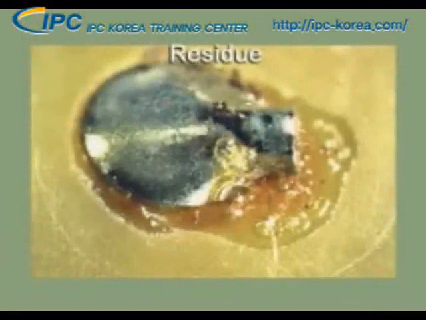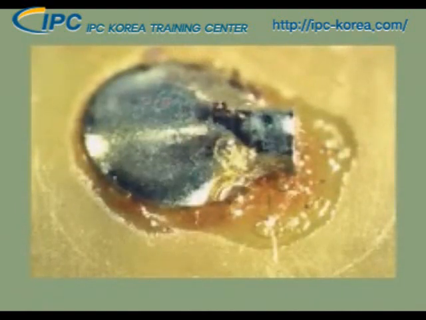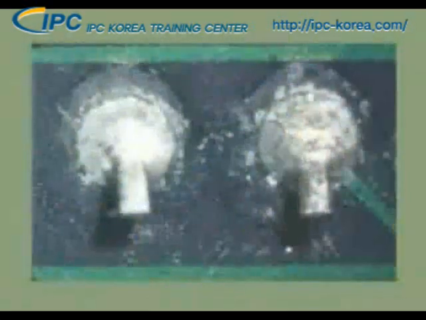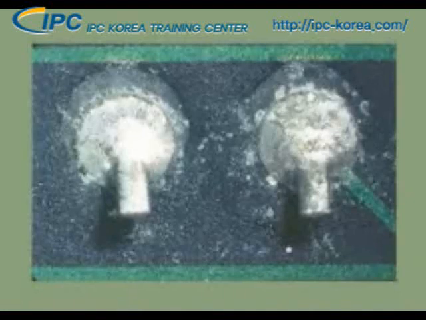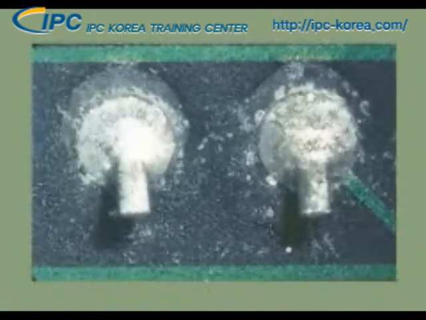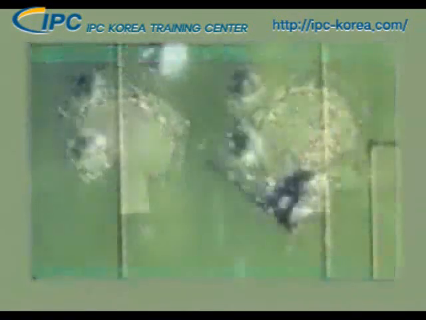Visible residues from cleanable fluxes or any active flux residues on electrical contact surfaces are also considered defective conditions. In addition, the solder joint should be rejected if the metallic areas exhibit crystalline white deposits or there is a white residue on the surface of the board on or around the soldered termination.